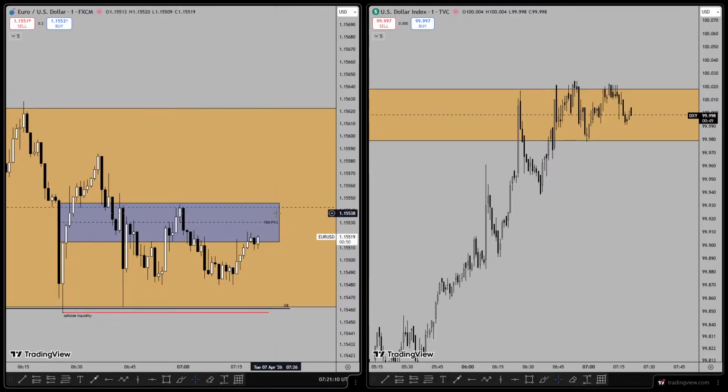A run above the 15-minute fair value gap, I will be anticipating higher prices.